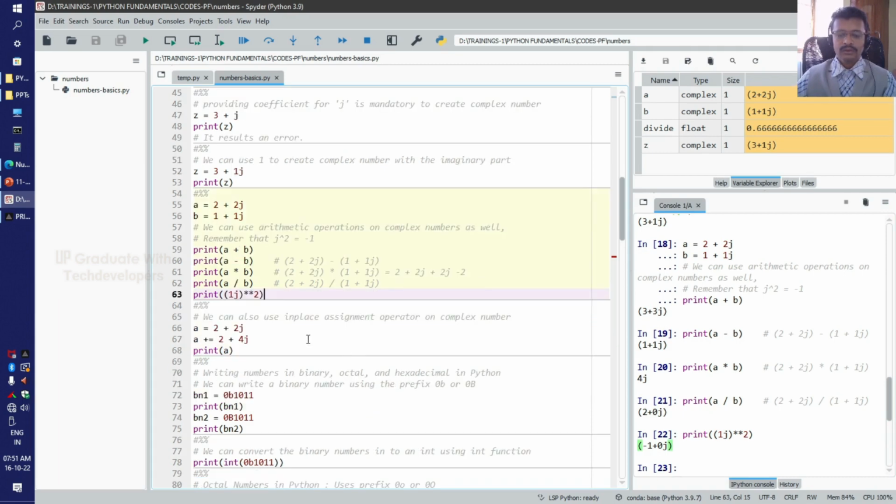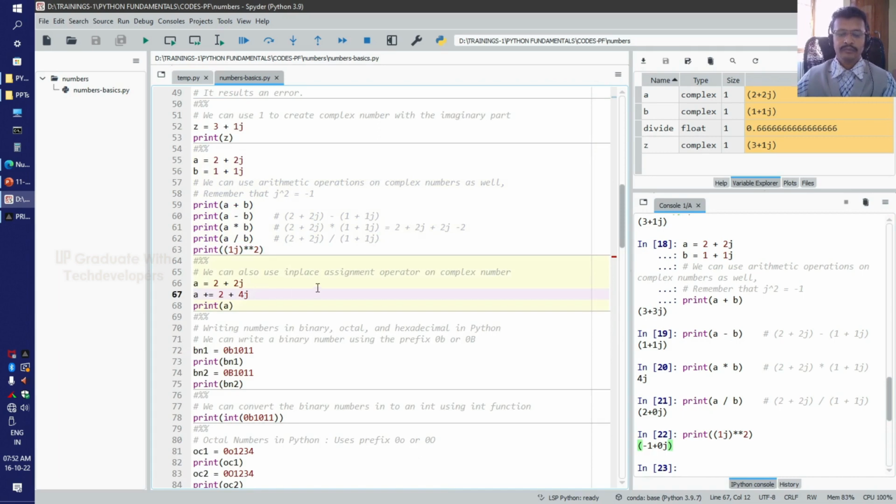We can also use the in-place assignment operator on complex numbers.